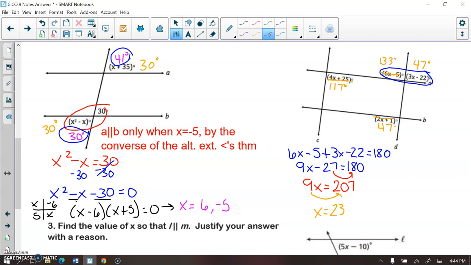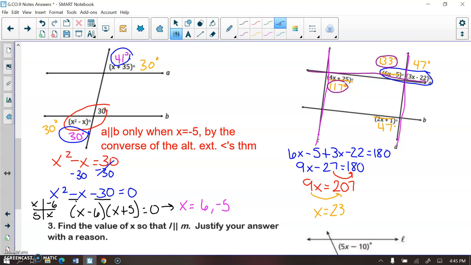Well, if lines C and D were parallel, cut by this transversal, this angle and this angle would be congruent because they're alternate interior angles. And since they're not congruent, that would mean that lines C and D would not be parallel.